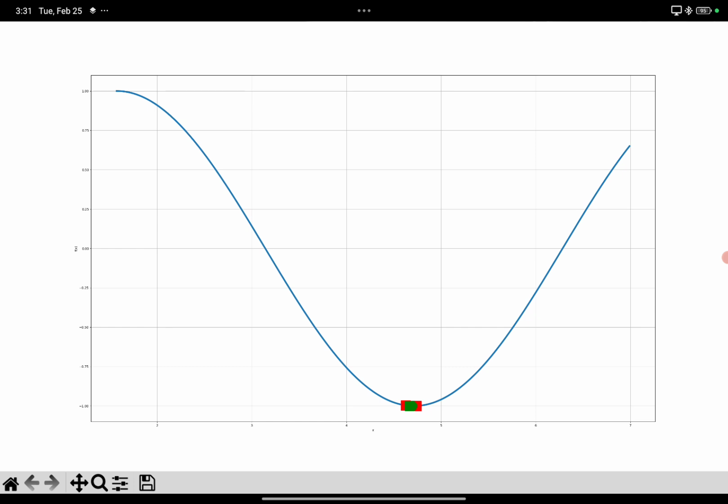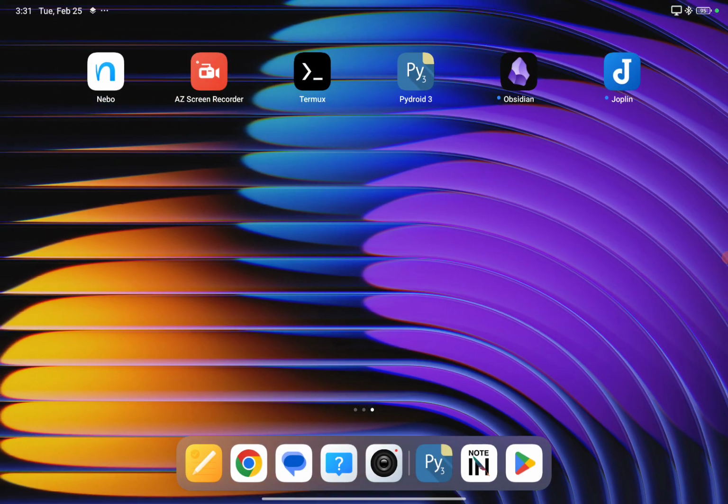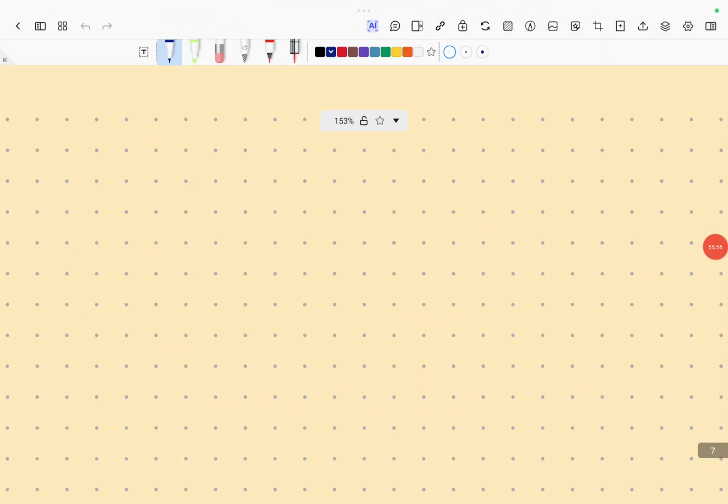You get closer and closer to the minimum. But as you suggested, we could try to reduce the search space at every step. Instead of reducing the search space by a factor of 0.61, can we reduce it by a factor close to half? If yes, that would be great.